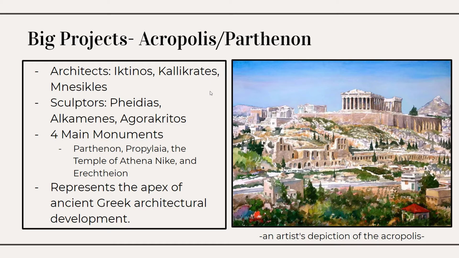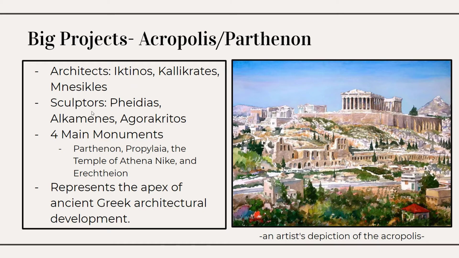And then we have the Acropolis and the Parthenon. The architects were Iktinos and Kallikrates and Mnesicles. So let's look at the pronunciations of these. It's difficult because it's Greek, but then it's also going into English, so it's a little hard.